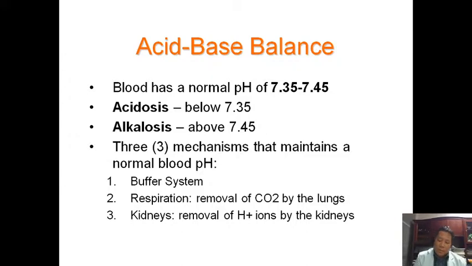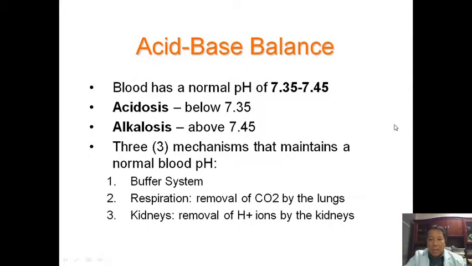So you can probably deduce right now that if the hydrogen ions cannot be removed by the kidneys for some reason, maybe the kidneys are suffering from acute injury, or the patient is suffering from chronic renal failure, any condition that leads to decreased functioning of the kidneys and decreased removal of hydrogen ions will lead to accumulation of hydrogen ions, and again it's tantamount to a decrease in the blood pH.